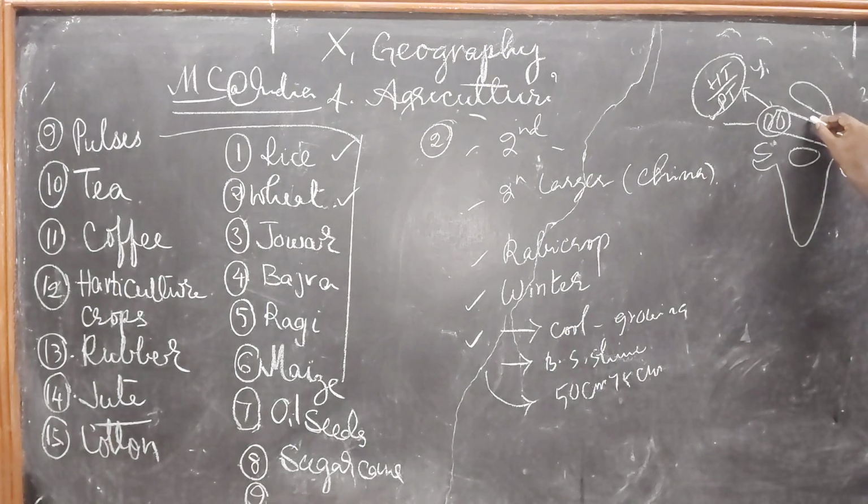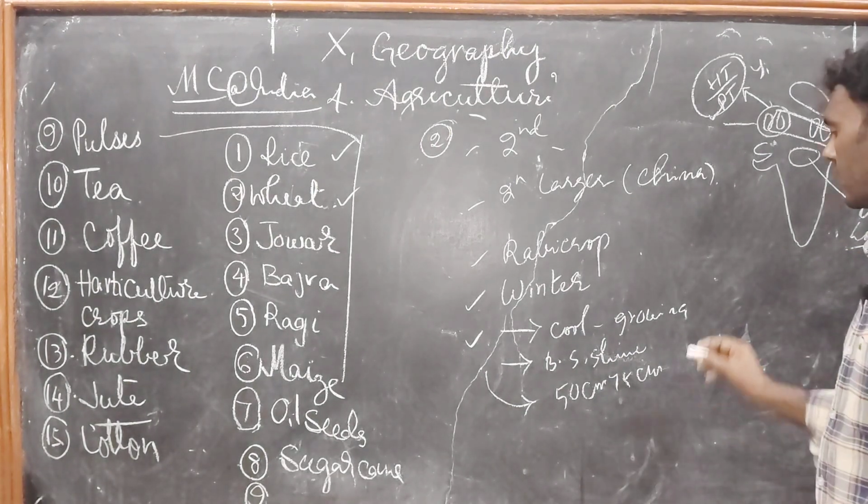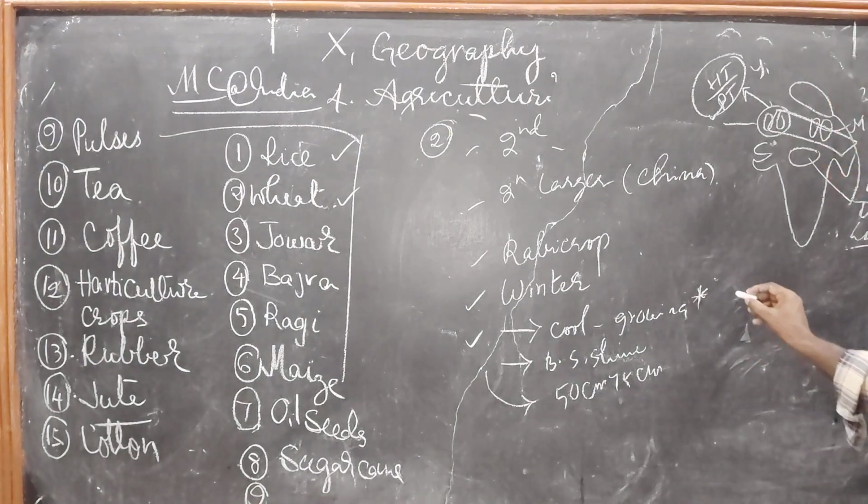Coming to Uttar Pradesh and Bihar, the yield is medium. In the Malwa region and Himalayan region, these people are cultivating this crop under rain-fed conditions, so the yield is very, very low. Is it clear? So in India we are cultivating this crop under irrigation.